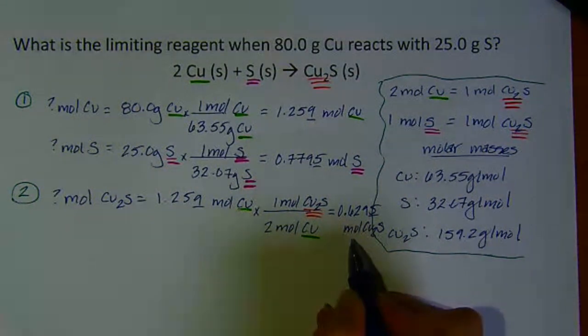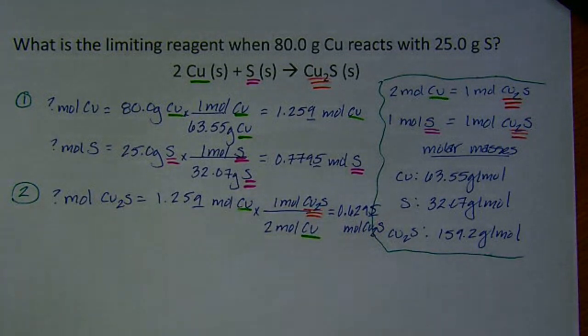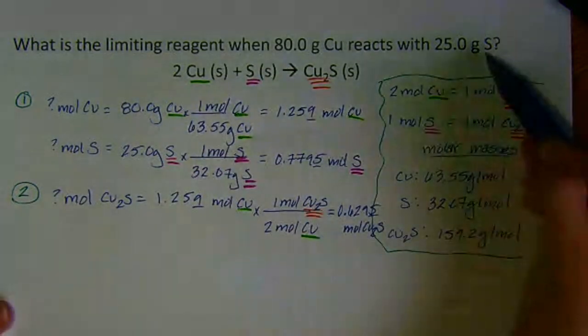So with 1.259 moles of copper, I could make about 0.6 moles of copper sulfide. But that's assuming that I have enough sulfur. My problem doesn't tell me whether or not I have enough sulfur.